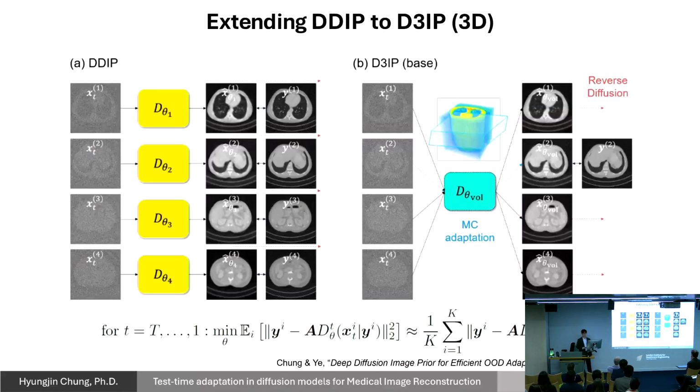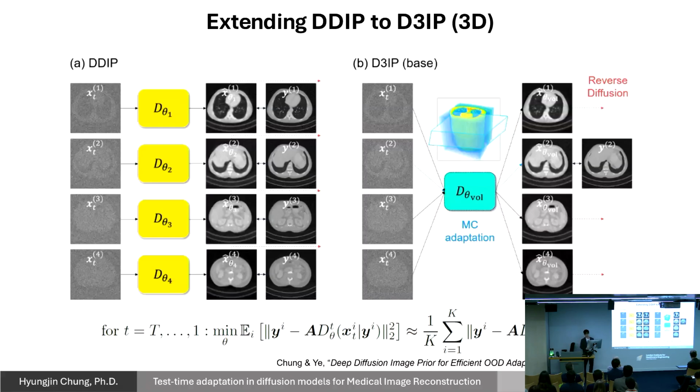Now, since I talked about 3D imaging before, it's important to devise a method where we can easily use DDIP for 3D. Since DDIP was devised for a single measurement, one might think that it's enough to use DDIP for each measurement independently.